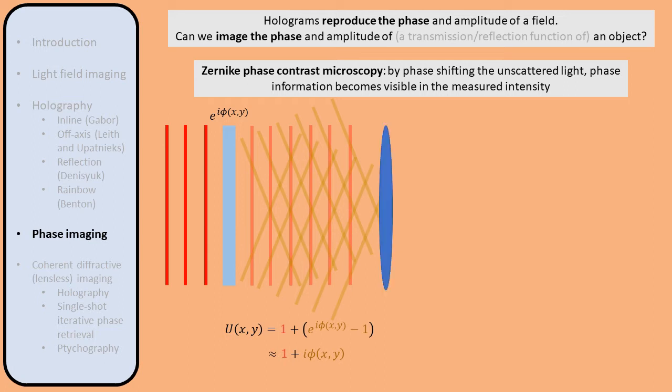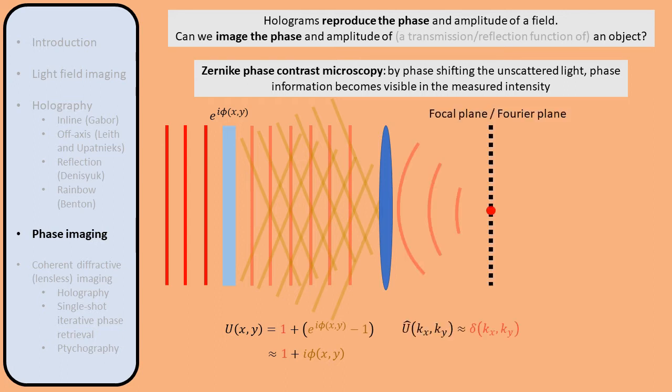If we insert a lens, the plane waves will focus at different points in the focal plane. The unscattered plane wave will focus in the center, while the scattered plane waves will focus at other positions in the focal plane. Mathematically, the field in the back focal plane is approximated as the Fourier transform of the field in the front focal plane. So the unscattered field becomes a delta function, and the phase function is Fourier transformed.